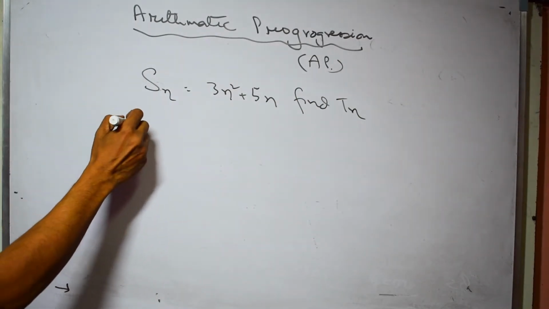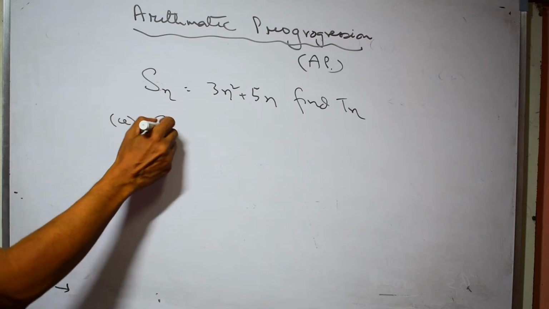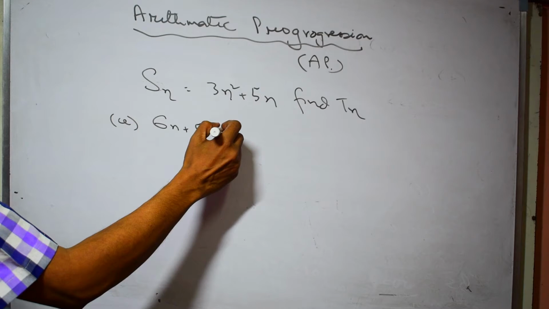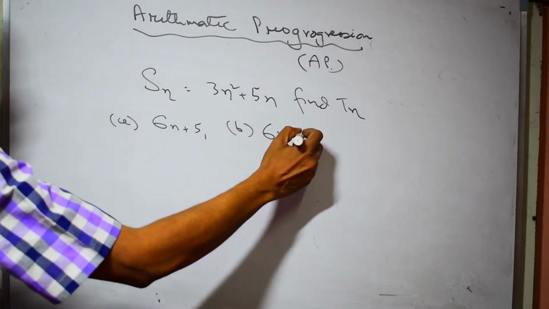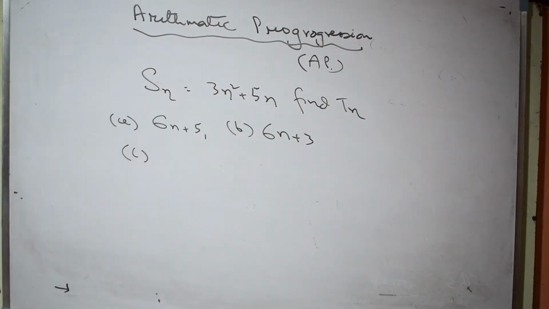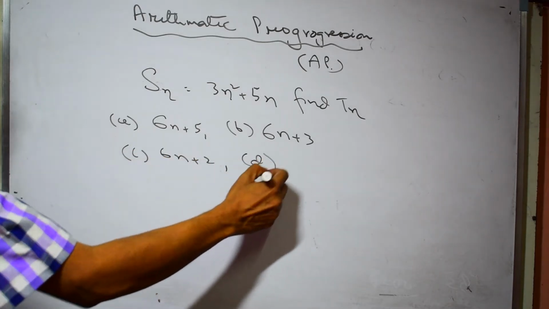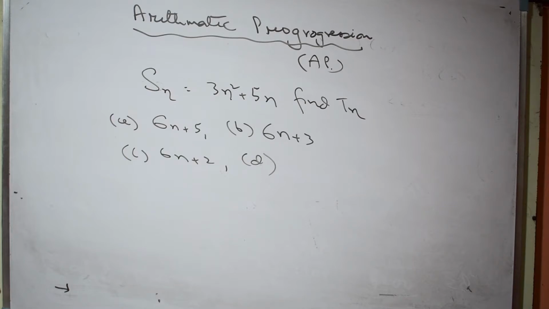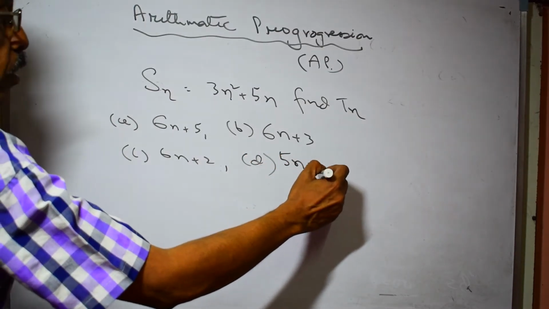Let us take some options: 6n plus 5; second option, 6n plus 3; third option C, 6n plus 2; and the last option, 5n plus 3.